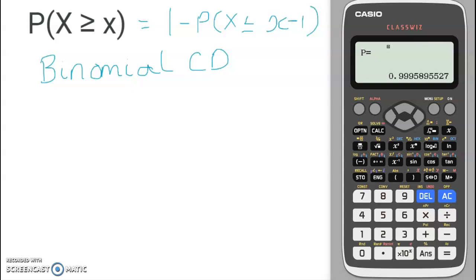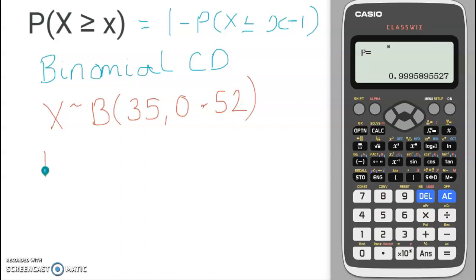So let's look at our final numerical example. X is binomially distributed with an n of 35 and a p of 0.52.